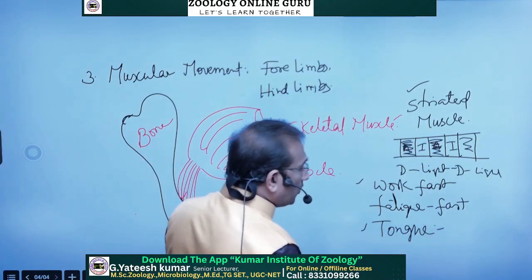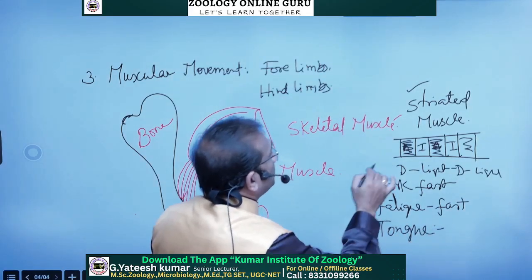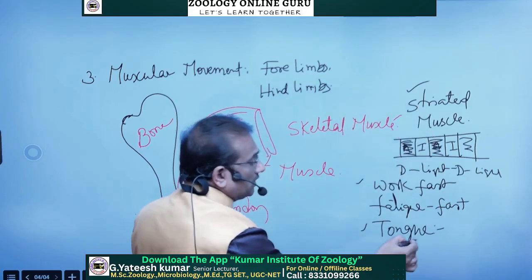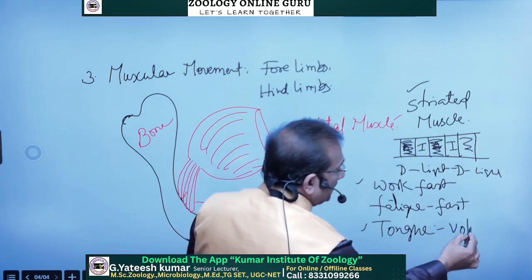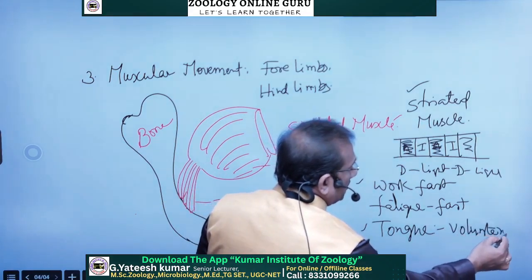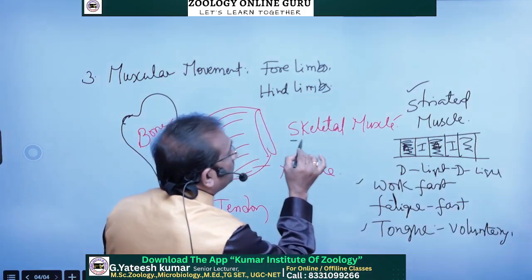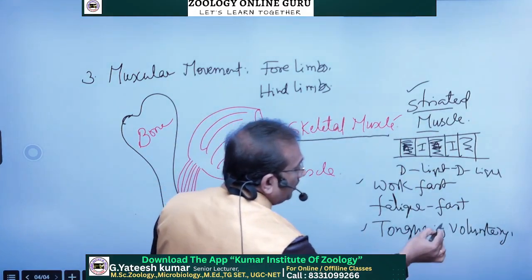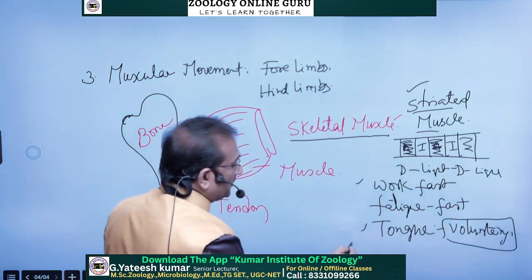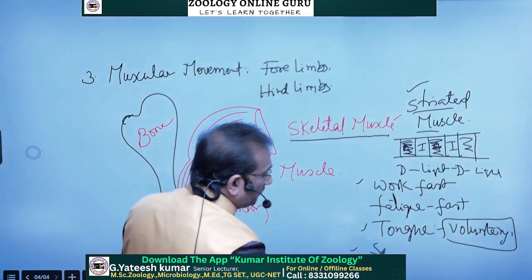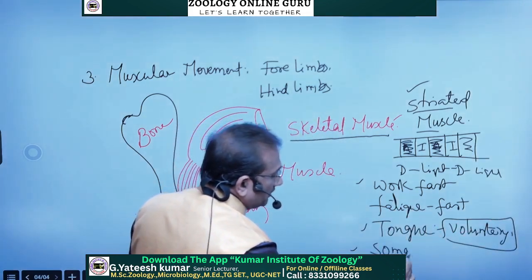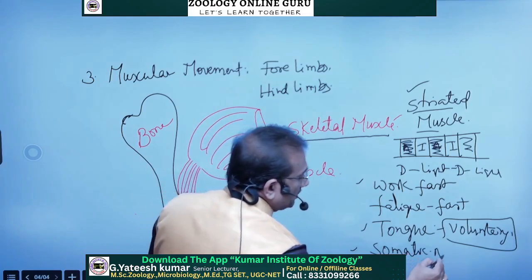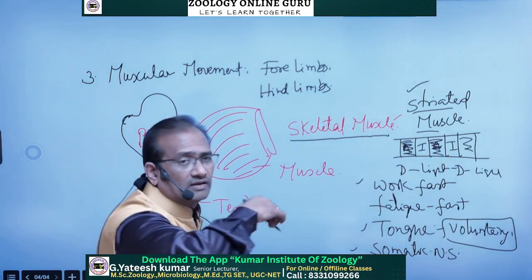The tongue is without bone, but it comes under skeletal muscle and striated muscle because it is voluntary in nature. So skeletal muscles are striated muscles, and also voluntary muscles. That is why they are under the control of the somatic nervous system.